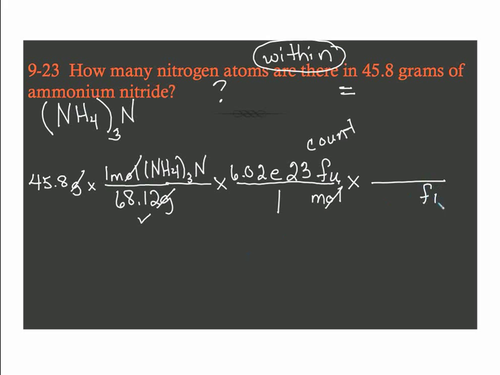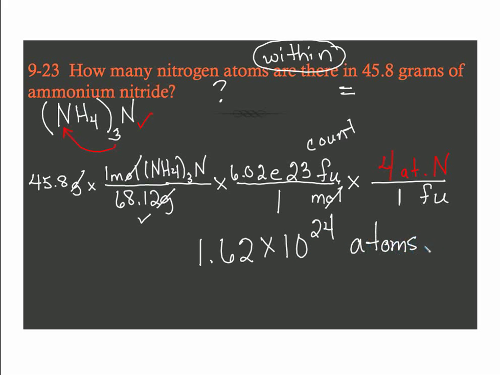Atoms within, we use subscripts. And the reason I did this is for every 1 formula unit, you might get mixed up. You might not pay attention to every nitrogen. I get 3 nitrogens from the ammonium, but then I get a nitrogen from the nitride. So I actually have 4 atoms of nitrogen. And if you did that math, you'd get 1.62 times 10 to the 24th atoms of nitrogen.